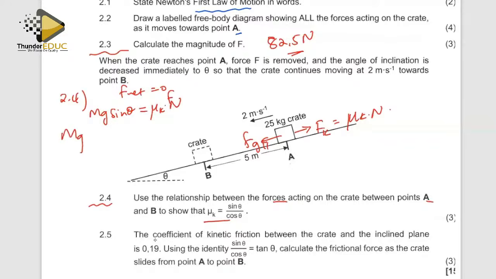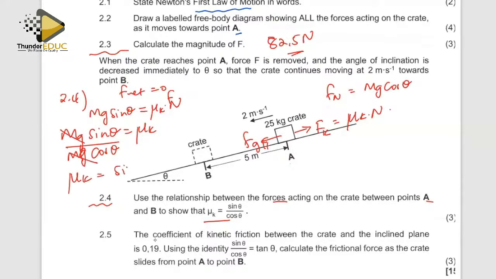Then this is mg sine of theta equals mu k times the normal force, but the normal force is mg cos of theta. So the mg and the mg will cancel out, meaning that the mu k will be the sine of theta over the cos of theta.